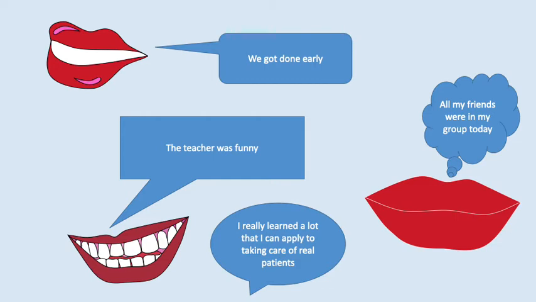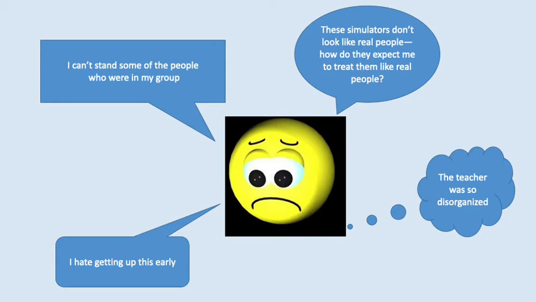But let's look at the reasons why people are dissatisfied. Well, maybe everybody didn't get to spend time with their friends, or they didn't much care for the other people in their group, or maybe the teacher was disorganized. Sometimes that can be really distracting to the real purpose of the teaching. We've all experienced classes where we had no idea what the teacher was talking about or the point they were trying to get to.